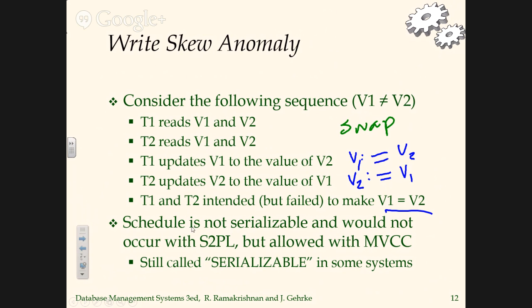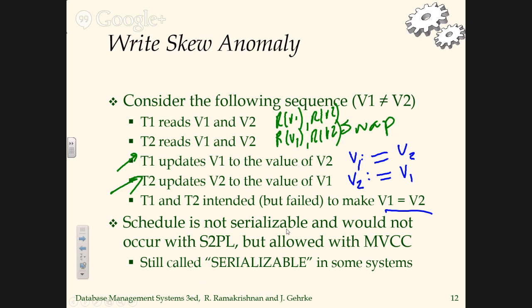So this schedule is not serializable because here T1 would get a read lock on value 1 and a read lock on value 2. And here transaction 2 would get a read lock on value 1 and a read lock on value 2. And then you would basically have a deadlock. This one would try to upgrade the locks, and this one would try to upgrade the locks, and you have a deadlock.